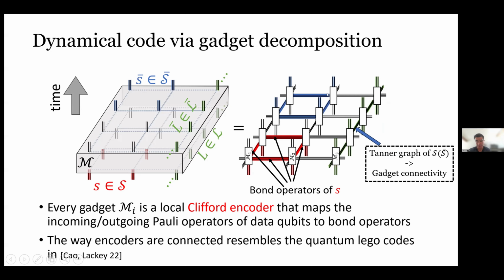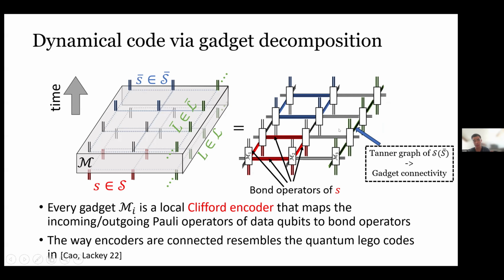And similarly, if you want to generate a new stabilizer, you have to make sure that there's nothing supported on the incoming legs. They only support on outgoing legs and the internal legs on the bonds. And simultaneously, if you want to preserve the logical information, you can trace the Pauli web of a logical operator. The logical operator needs to go through this entire black box. It cannot get stuck inside the black box, otherwise the logical will be measured.